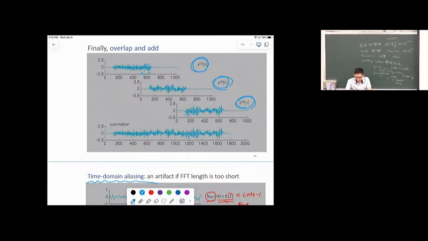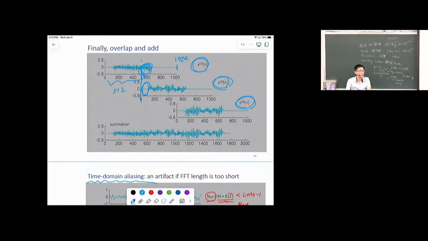Put them all together by adding the overlap part. Notice that now the length of FFT is 1024, but the block length is 512. So from one block to the next, there will be a region of overlap. The recommendation, and the correct way to do it, is to simply add the overlapped parts.